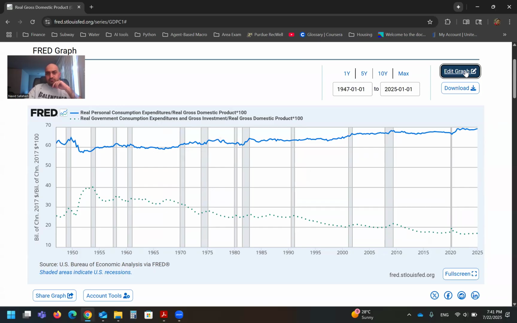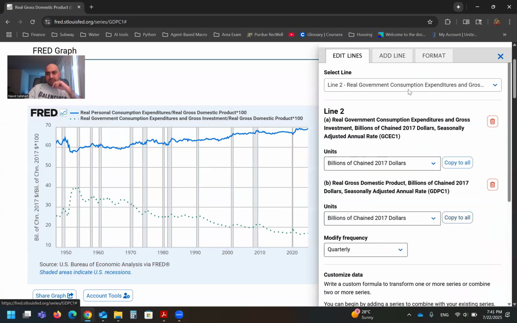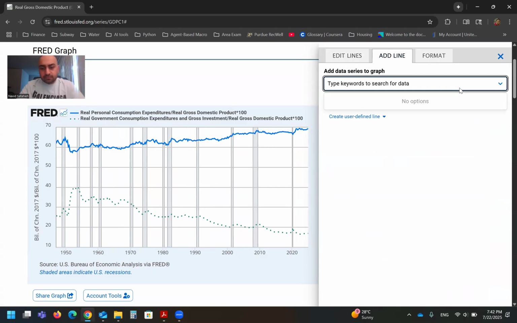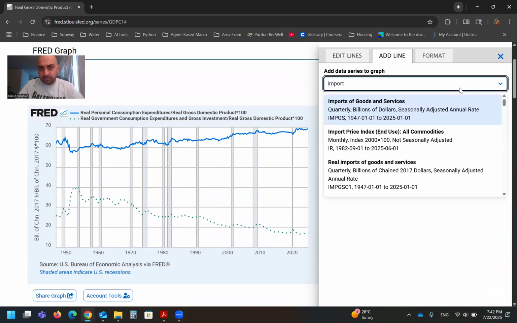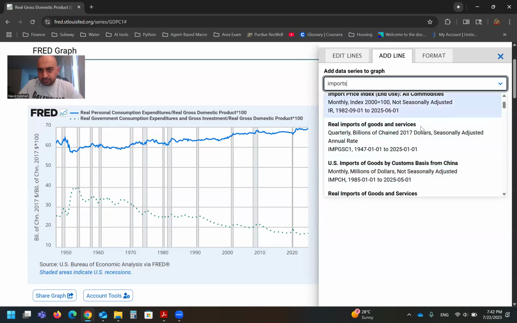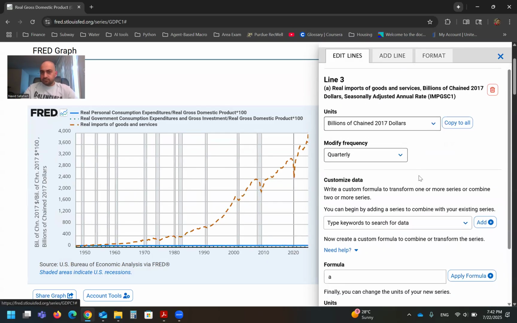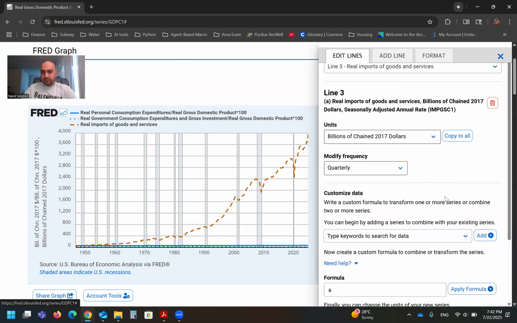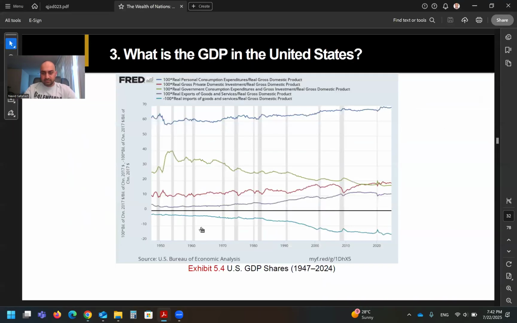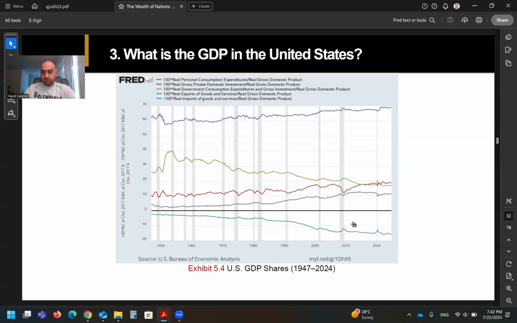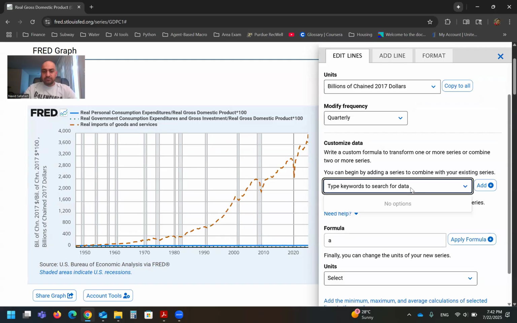So let's make one last line as well. Let's make the import line, real imports, 2017. Yeah, this is what we need. Another data that we need to make this light blue line is the real GDP.